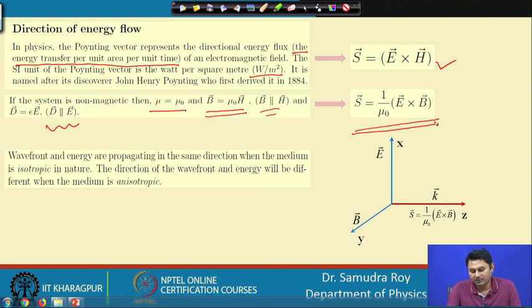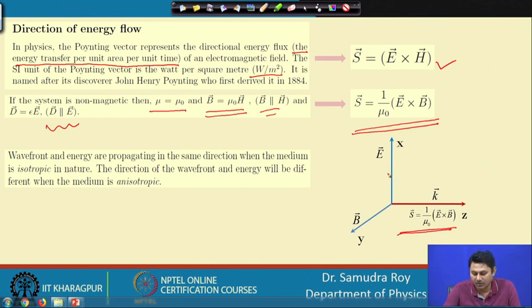Now, if I look carefully, the direction of S is E cross B. Previously we found that if k is in one direction, E and B are perpendicular to that. When E and B are perpendicular to that, then E cross B is a vector which should be in the same direction as k. That means the Poynting vector and the k vector are in the same direction.